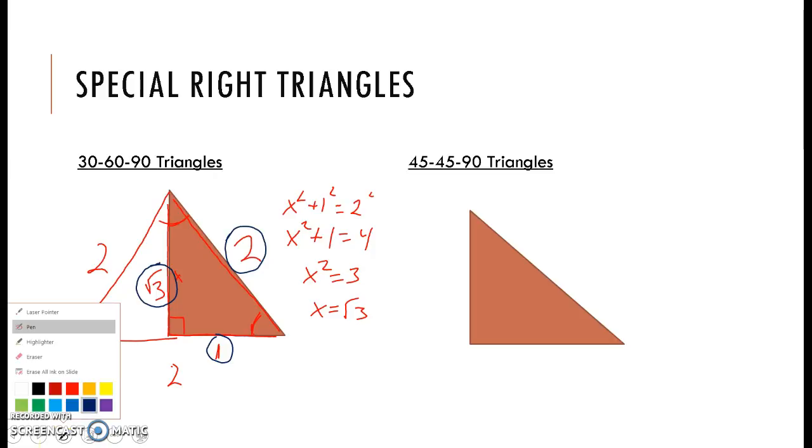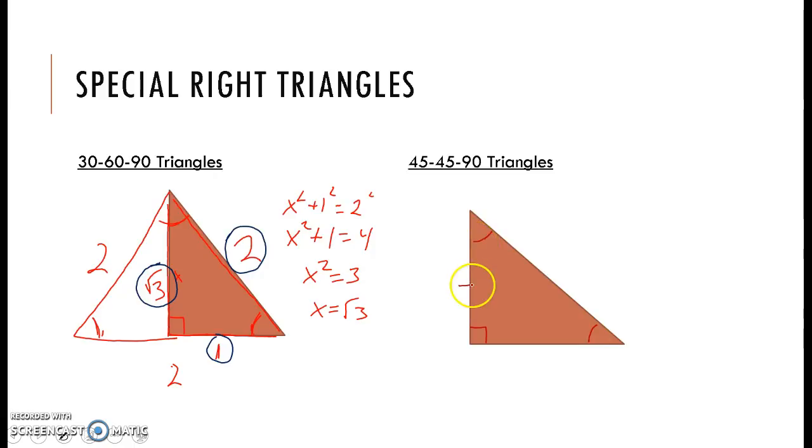So let's take a look and see what the legs would be for a 45-45 triangle. In a 45-45 triangle, we have a 45-degree angle and a 45-degree angle, and then a 90-degree angle. So that means these two sides are equal to each other. So let's say this side is 1, and then this side would also be 1. And then to find out what the hypotenuse would be, let's say we call that x. We would have that 1 squared plus 1 squared equals x squared.